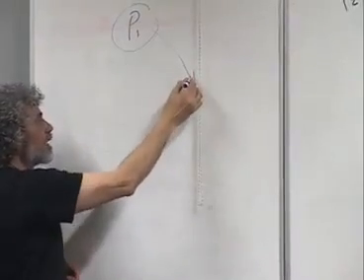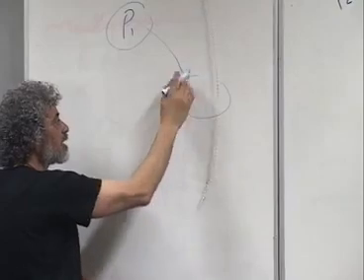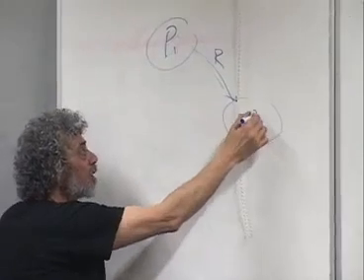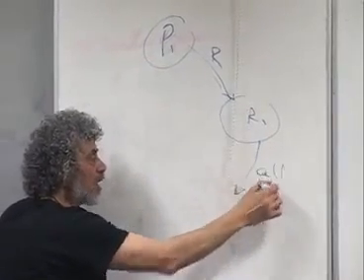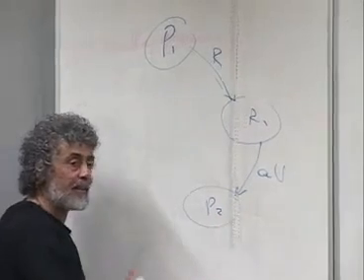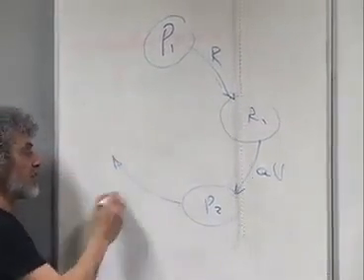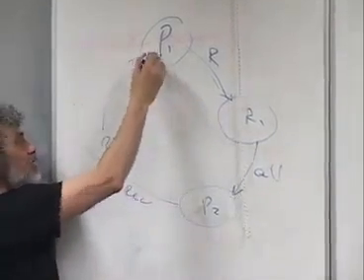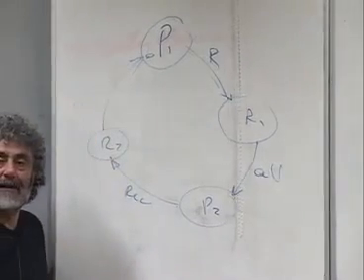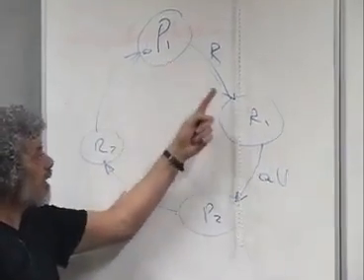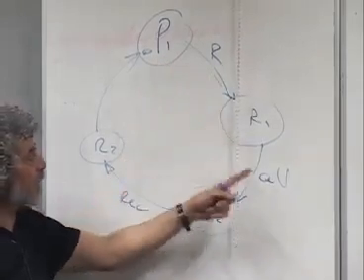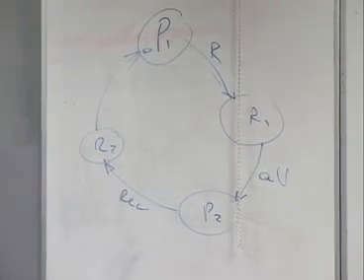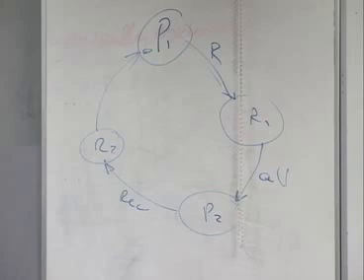If a process requests a resource, but that resource is allocated to another process that's holding that resource but needs another resource, but that resource is allocated to another process. If you reach the same point, that's your circular wait. Okay, so it's a circle of requests and allocations of resources. And if it leads back to the same process, back to the same resource, then that's known as circular wait.